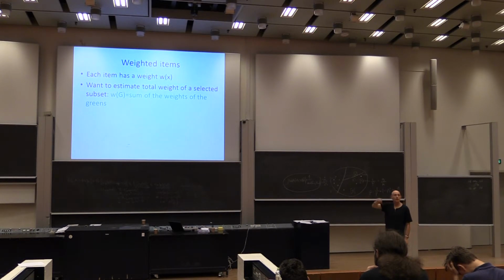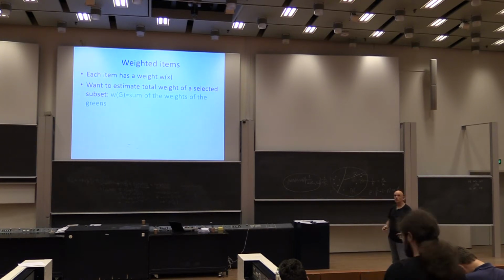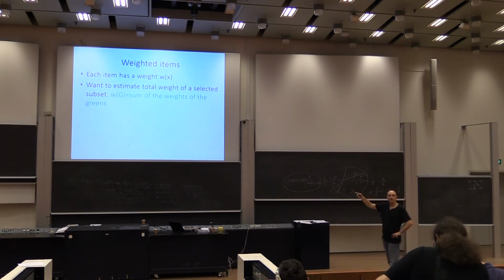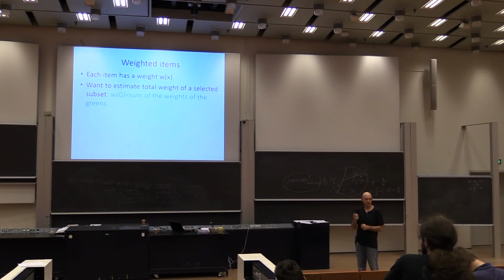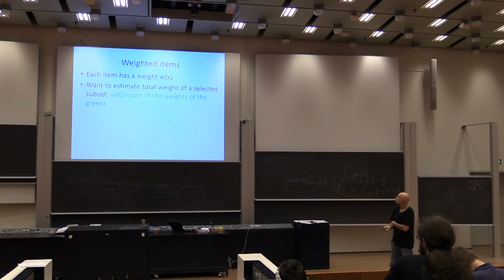You want to know the total amount of flow in the selected subset. So think about the weight as the size of the flow, and I want to generalize this scheme so that I can estimate not the cardinality of a subset, but the total size of a subset, the total sum of the weights of each selected item.